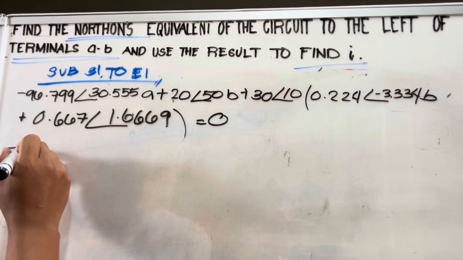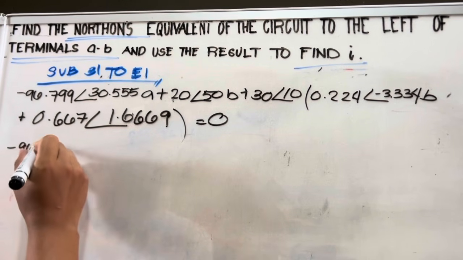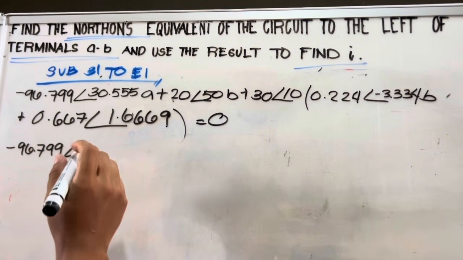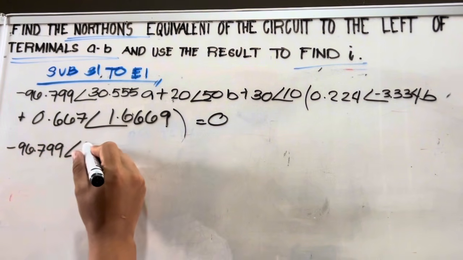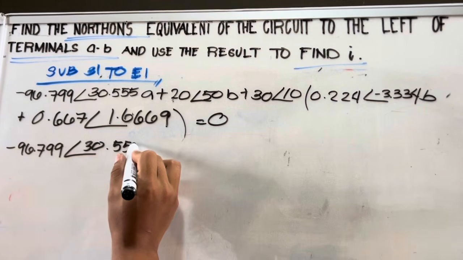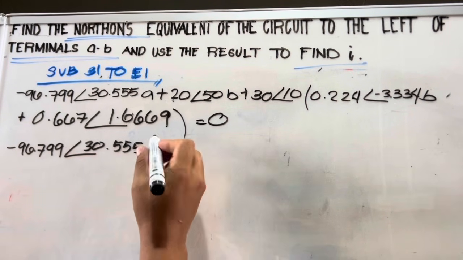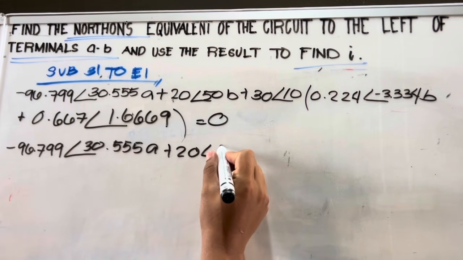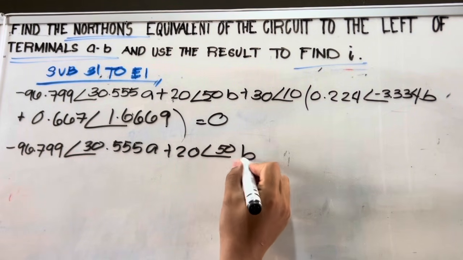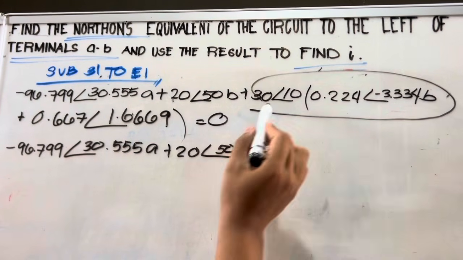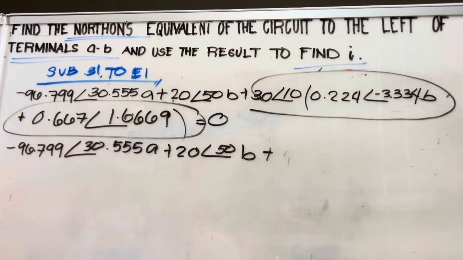Therefore, we now have 96.799 angle of 30.555 times A plus 20 angle of 50 times B, plus we will now be solving this area including this one.